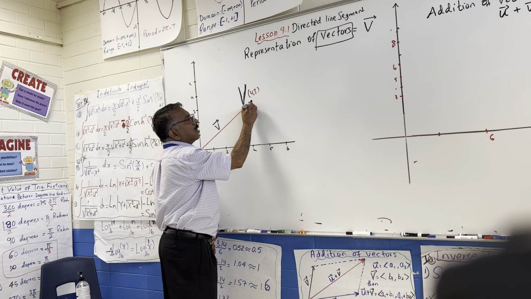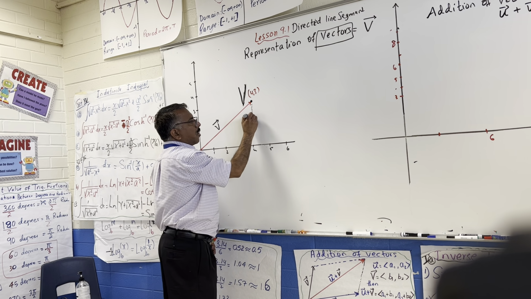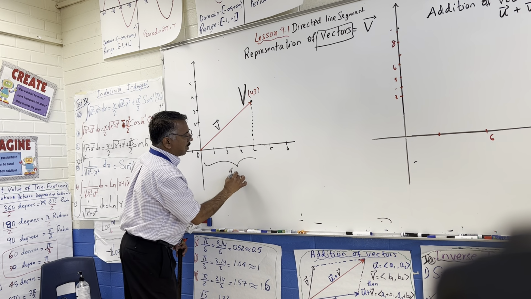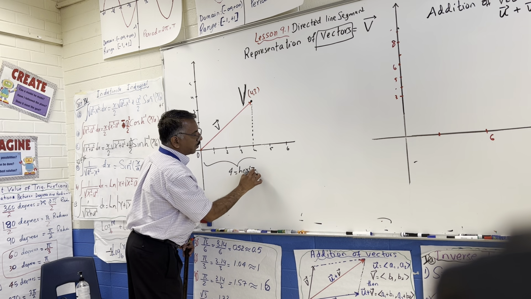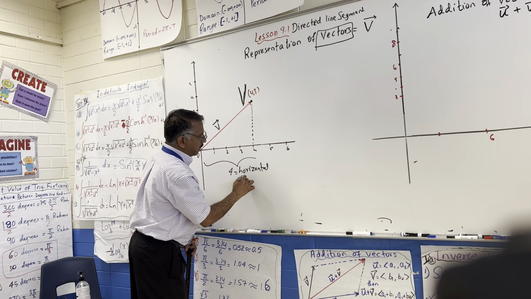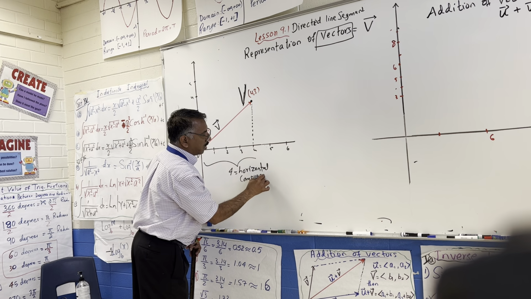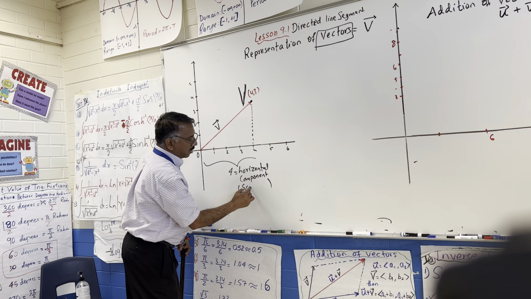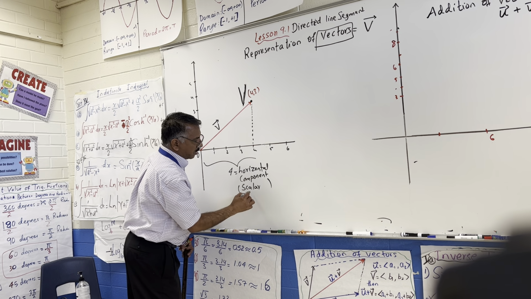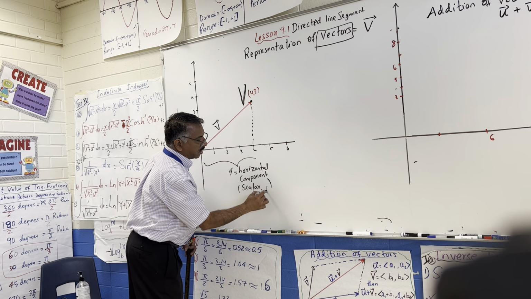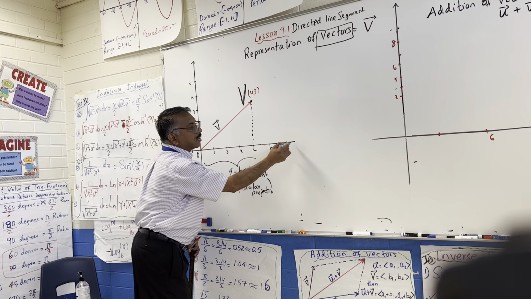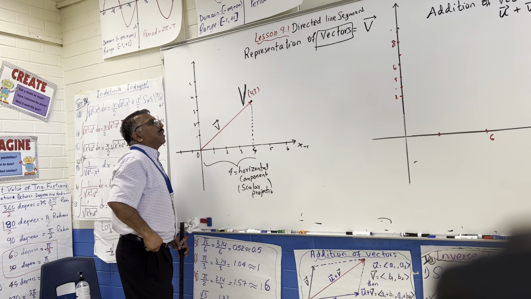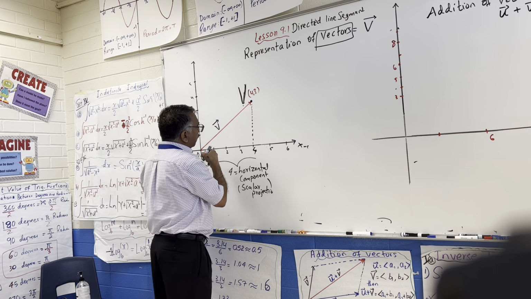We want to see the horizontal component. From here you drop all the way to 4, and you can see this is 4, and this is called the horizontal component, which later on we will also call the scalar projection on the x-axis. So this distance is 4. The main thing is, okay, this is the point, but then how do we represent this?